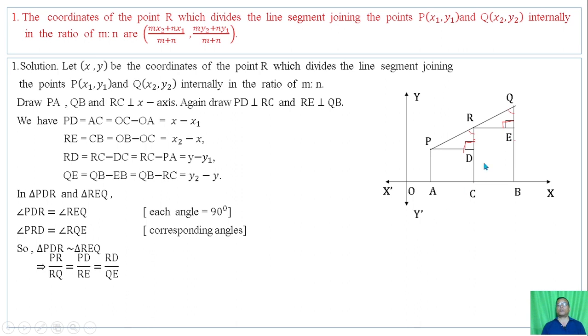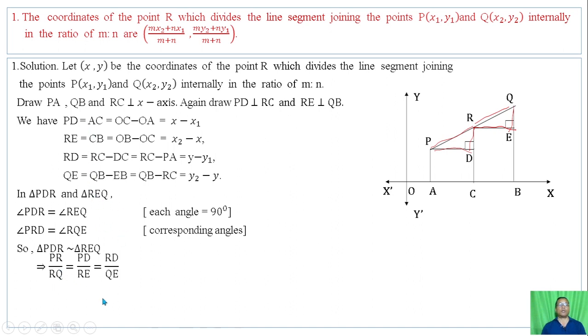That is, corresponding sides are proportional. That is, PR divided by RQ equals PD divided by RE equals RD divided by QE.